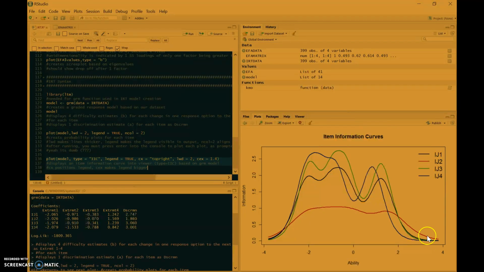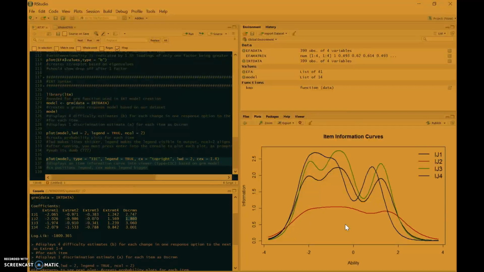It's a little bit more helpful at higher levels of theta than other items, but not really that much, honestly. But that's a reflection of the markedly lower discrimination value that we found here. So it doesn't give us much more information than any other item for the majority of theta space, although it is more helpful at the higher levels of theta space than others.